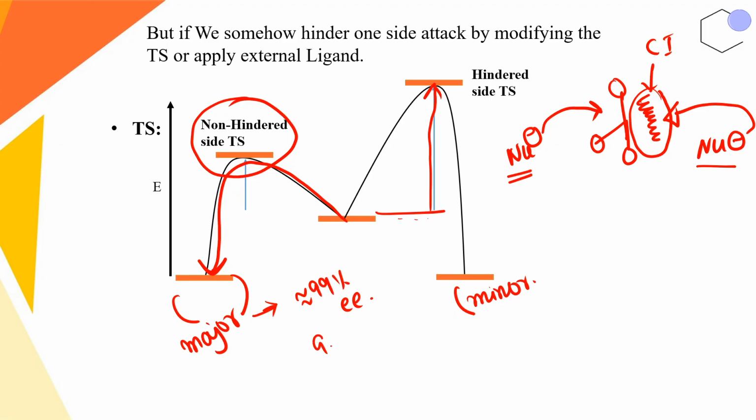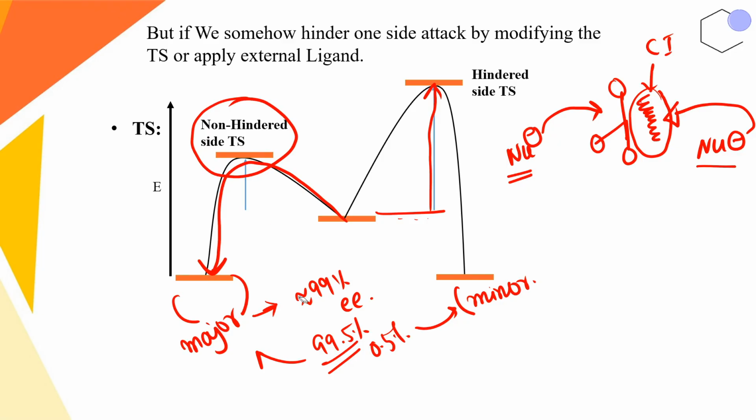That means 99.5% of this product and 0.5% of this product. Maybe the enantiomeric excess may be 100%, but mostly 99.5% has been observed in the laboratory scale frequently.